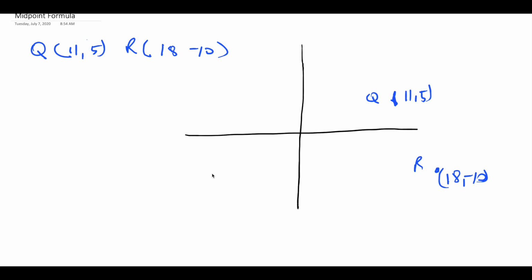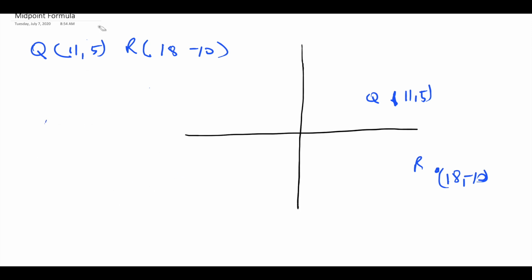If I was taking a test, I would literally just go, Q is 11, comma 5, and R, wherever, R is 18, comma negative 10. Just put them wherever. Okay.